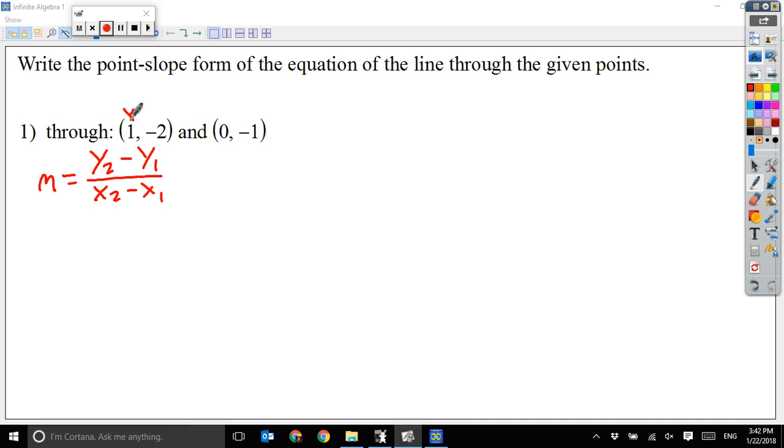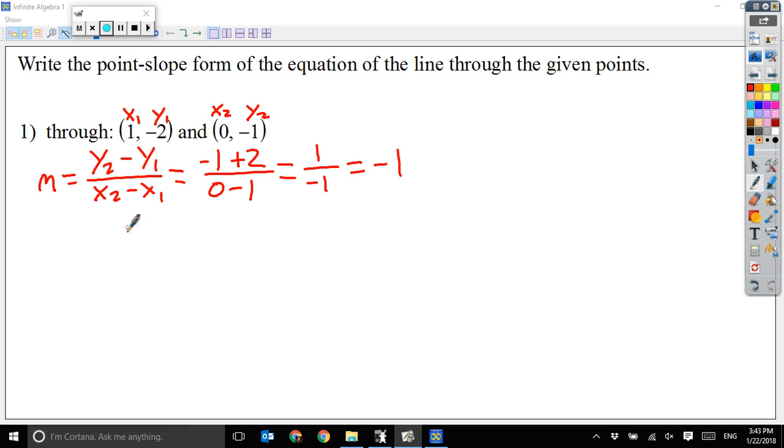Let this be x1, y1, x2, y2. So if I plug in slope formula, y2 is negative 1 minus negative 2, so plus 2. And then x2 is 0 minus 1. So I end up with 1 over negative 1, or just negative 1.